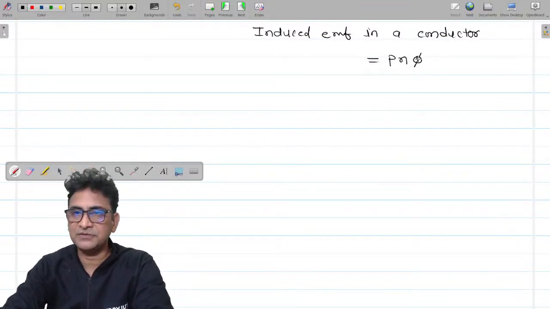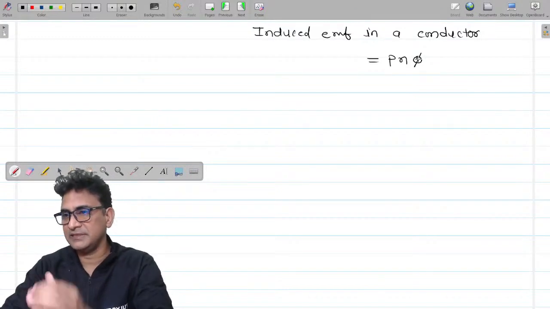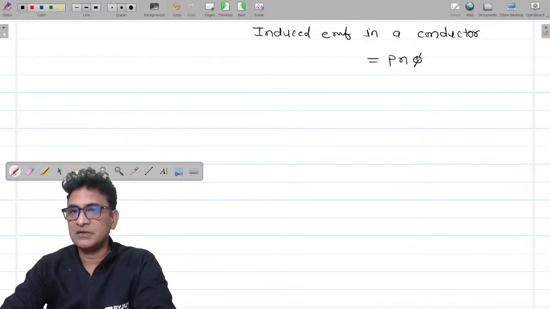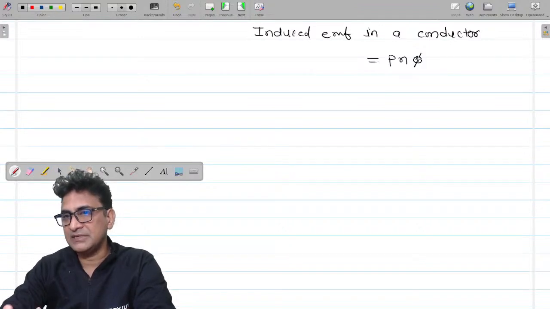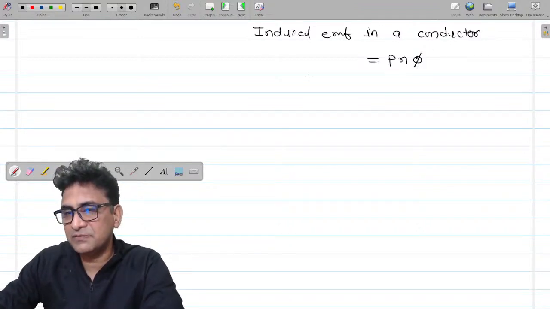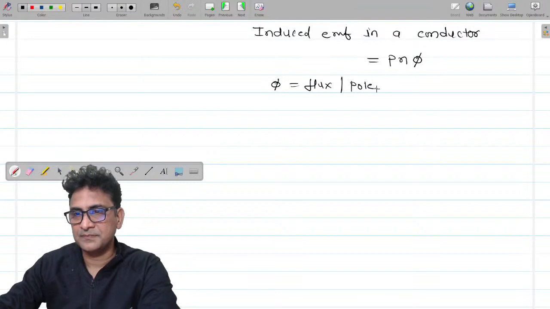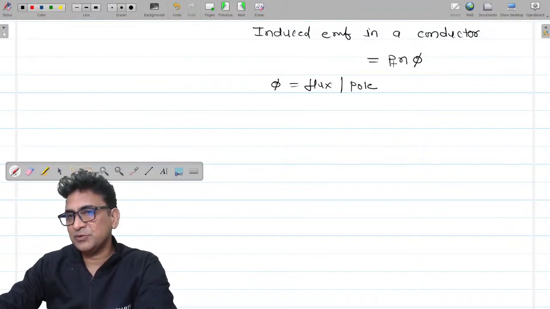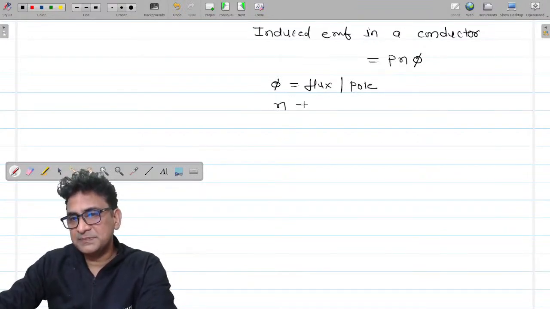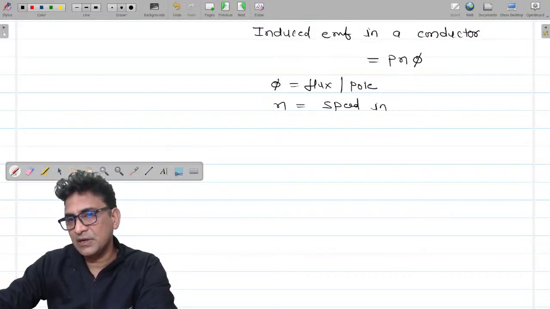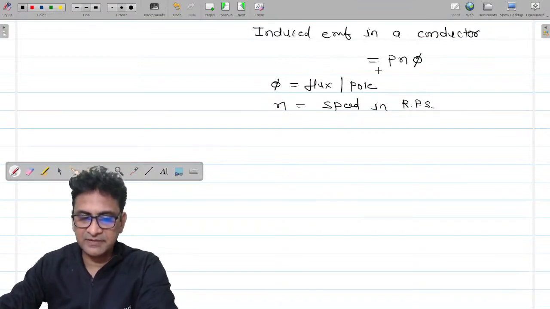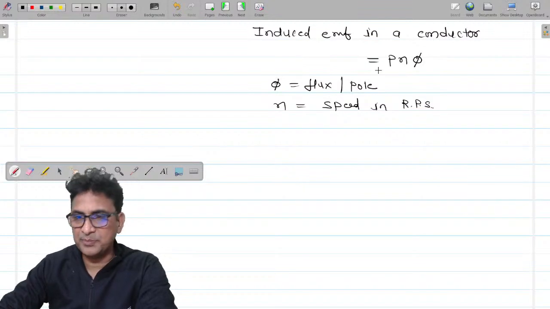It is applicable for synchronous machines as well as DC machines. Here phi is the flux per pole, P is the total number of poles, and n is the speed in rotations per second. Small n means rotations per second; capital N represents rotations per minute.